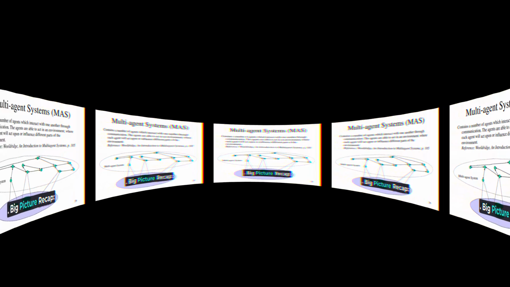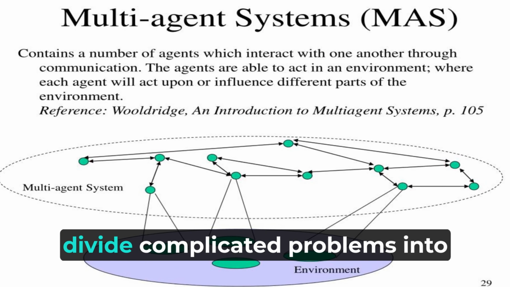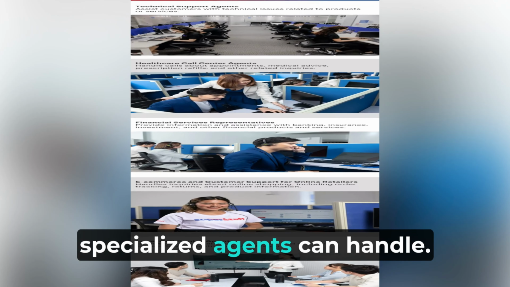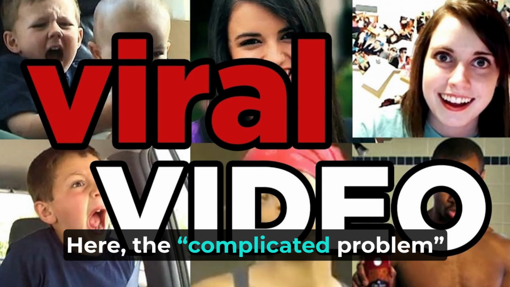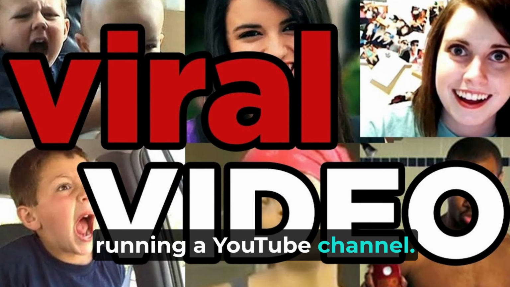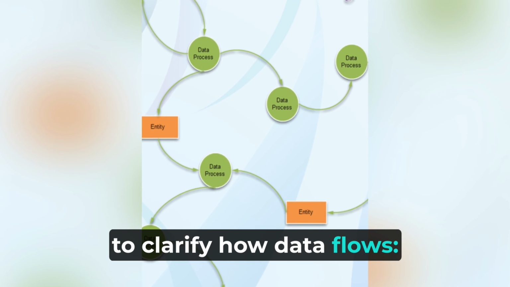Big picture. Recap. AI multi-agent designs let us divide complicated problems into tractable units of work that specialized agents can handle. Here, the complicated problem is generating viral videos and running a YouTube channel. Let's quickly recap our agents in order to clarify how data flows.